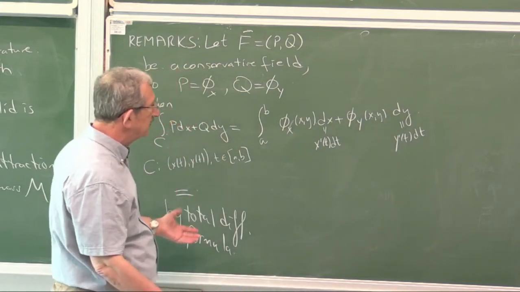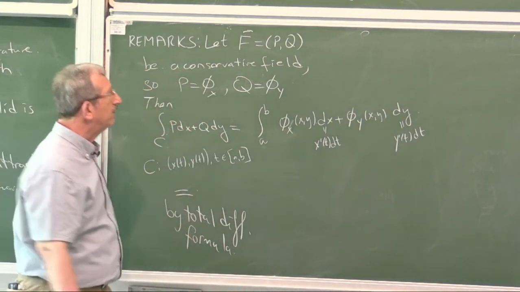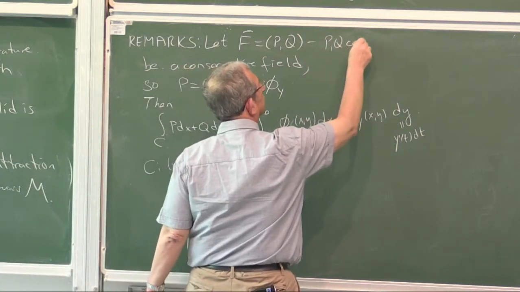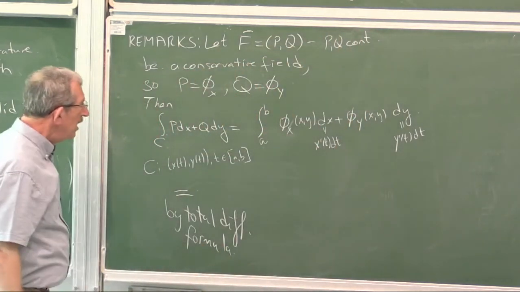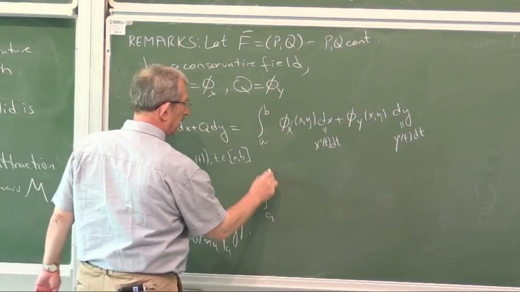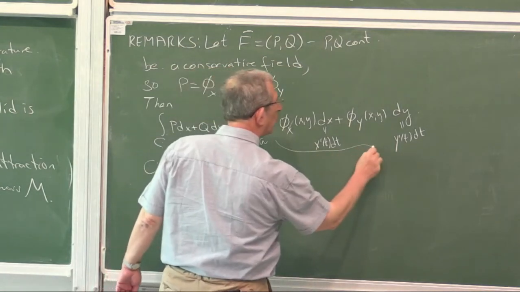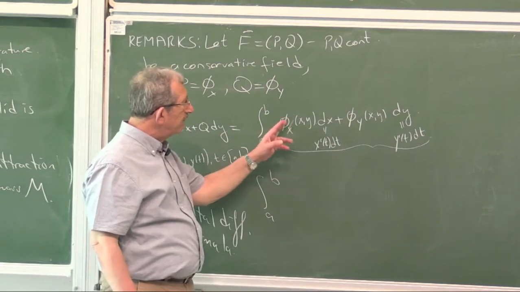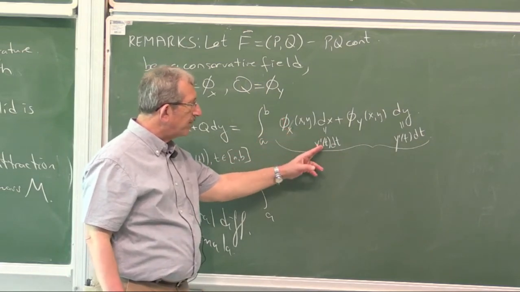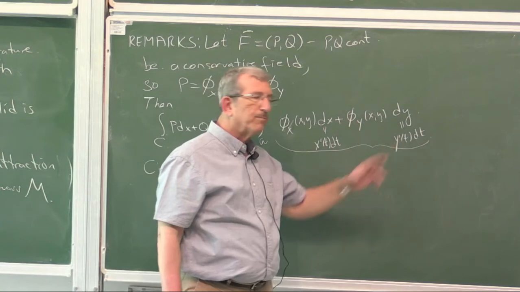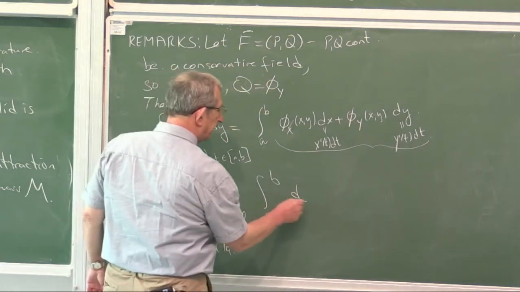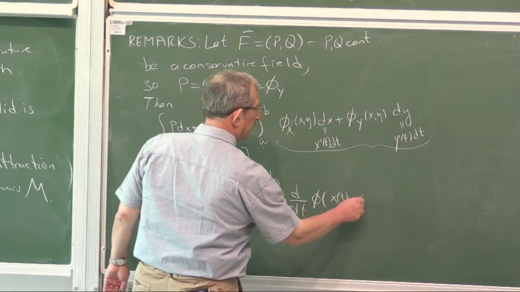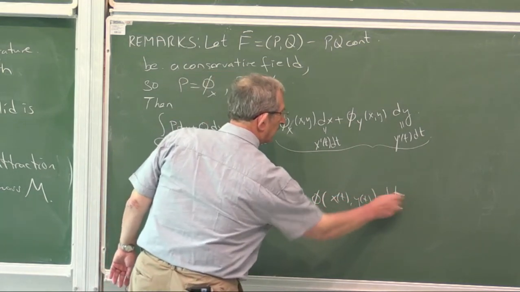So phi is differentiable, so I can use the total differential formula. Now it means the following. Now consider this total thing. Forget dt's. You have phi 1 x prime, plus phi 2 y prime. But that's directly the derivative of phi of x of t, y of t, and dt at the end.